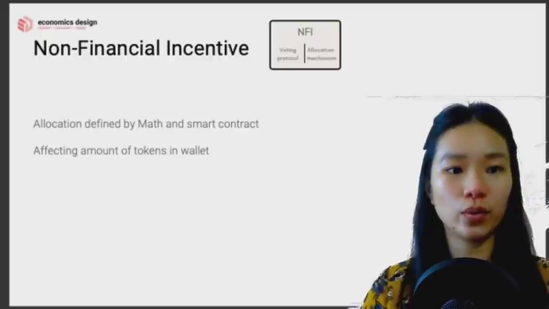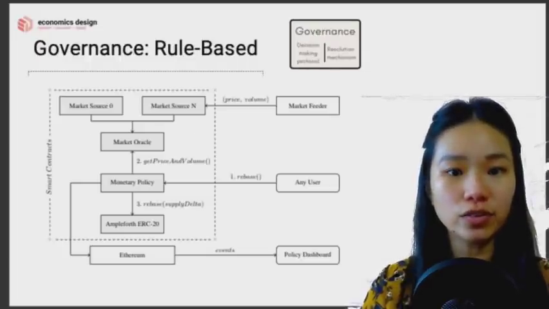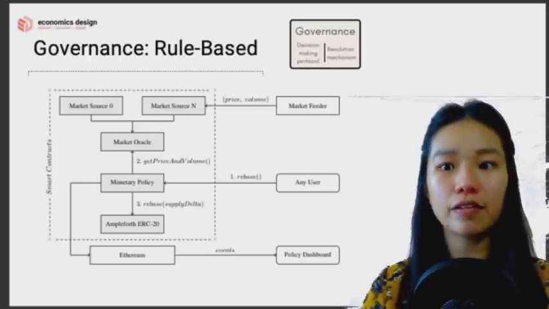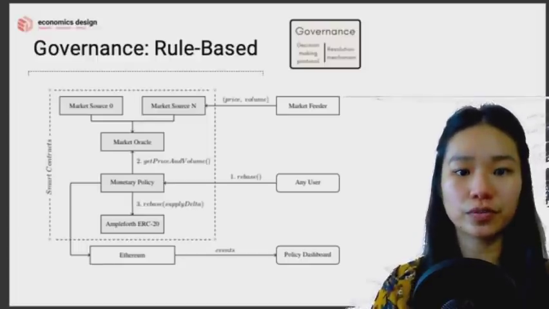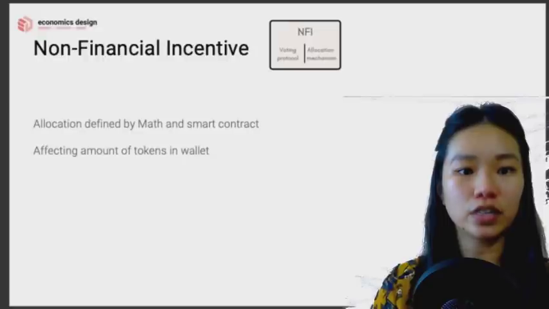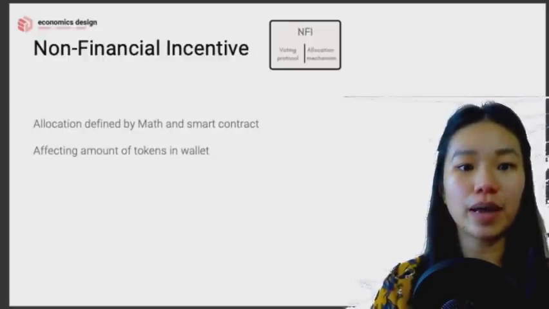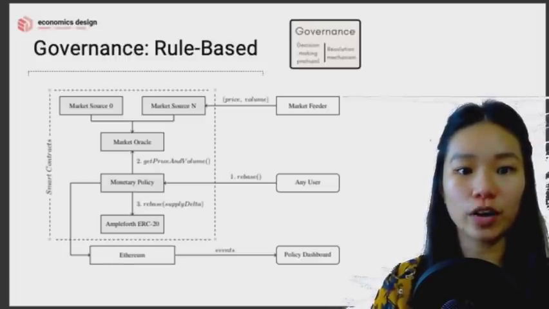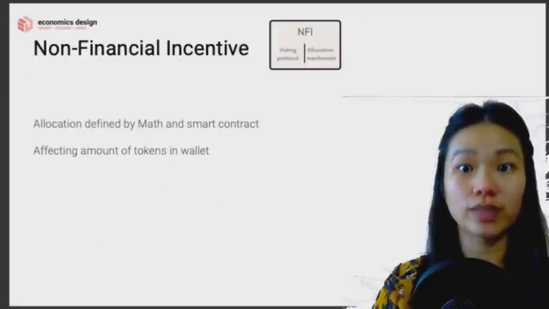Going back, you see over here there's a rebase that affects the various users. This is where it affects the tokens in your wallet. The smart contract will calculate what the rebase is and affect users, so it will change the amount of tokens in your wallet.